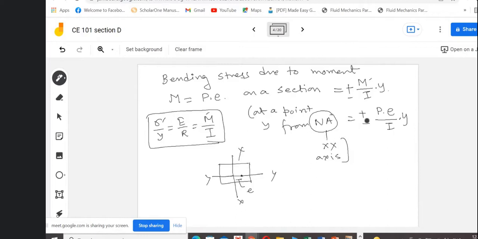But for the portion where the bending stress is tensile in nature, we will reduce this bending stress from the direct stress.